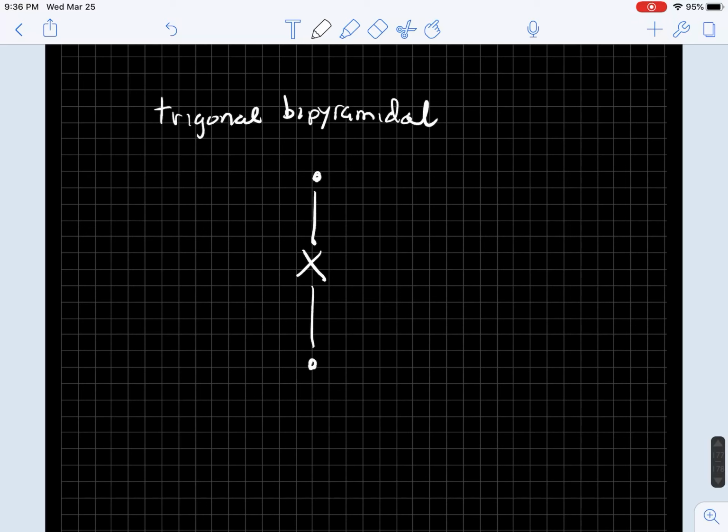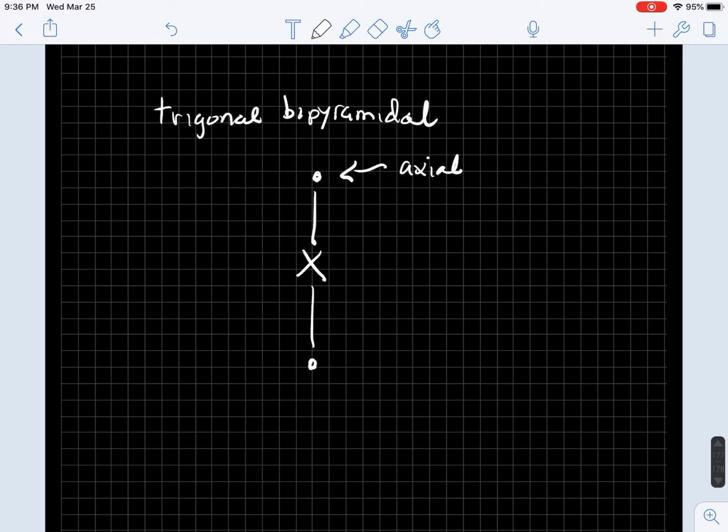Okay, fourth family. Now we go to our expanded octets, and we're only doing 2 of these families, the 2 most common. First one is something called trigonal bipyramidal. Now, once we start using the d orbitals, the easiest way to attack a central atom is by the north pole of the atom and the south pole of the atom. And we call these things that are connected north pole, south pole, axial atoms.